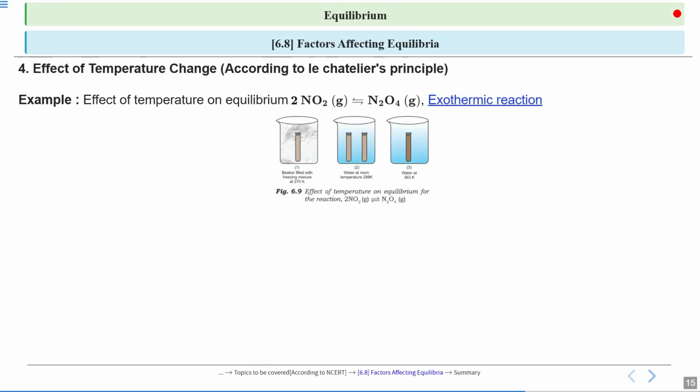So this was our setup. Now if you conclude, the cold temperature one means the one having the lower temperature. We are putting it from 298 to 270, so we are lowering the temperature.